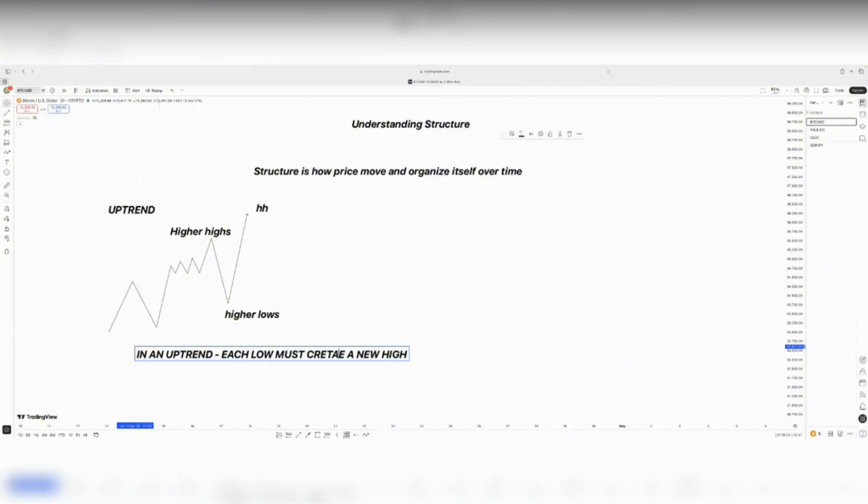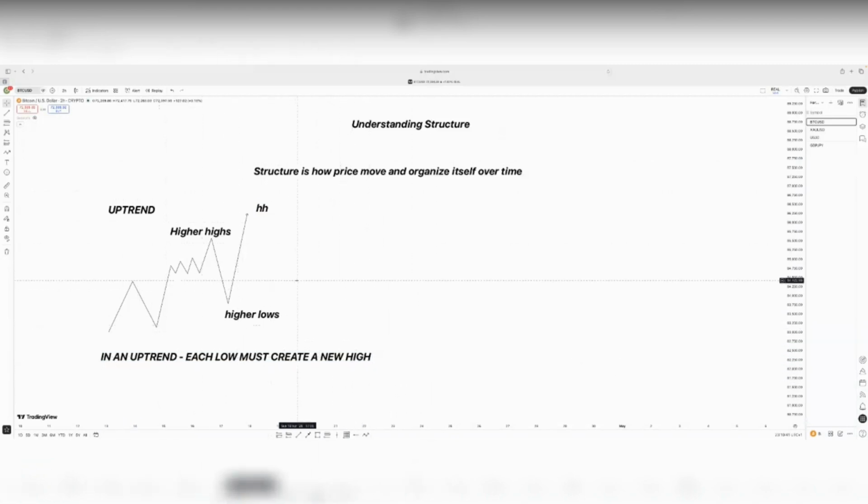These are the criteria of an uptrend. Each low must create a new high. That is it. There's no magic.